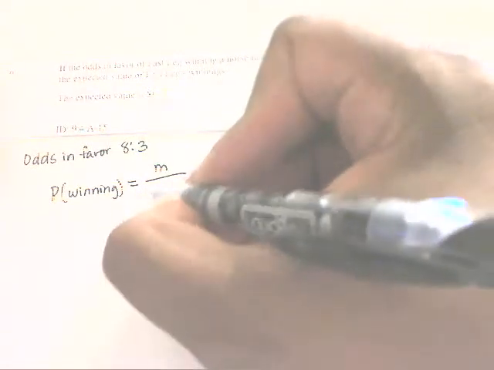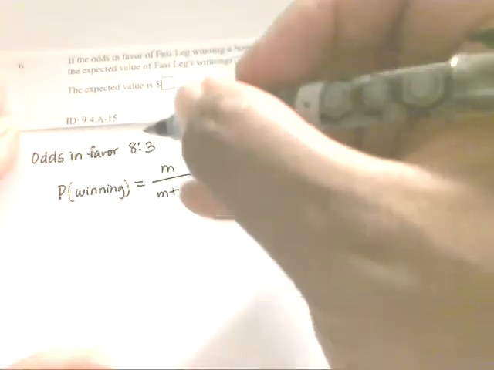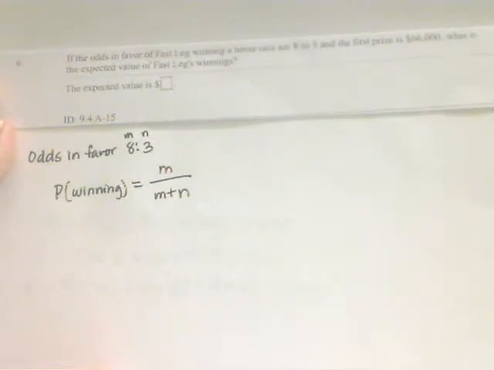Okay, so now we need to know the probability, because we know the odds in favor are 8-3. So here the probability of Fastlegs winning is going to be M divided by M plus N, as we're given the odds in favor. And in this case, M is the first number, N is the second number.